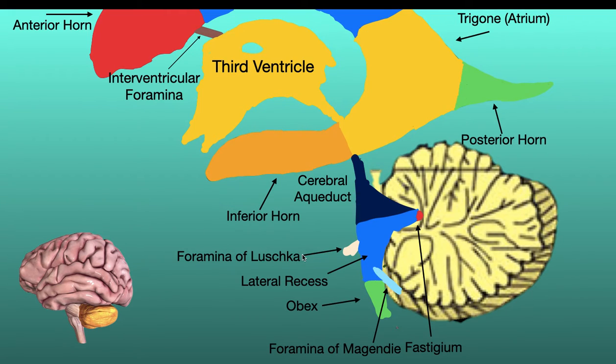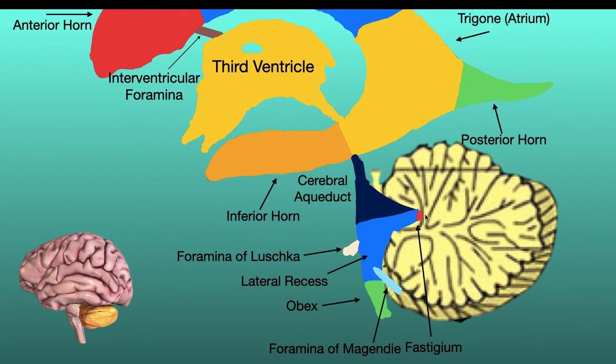The foramina of Luschka is also called the lateral aperture, and there's two lateral apertures, and the foramina of Magendie is like the medial aperture, and there's only one of it. And the fastigium is the point where it touches the cerebellum.